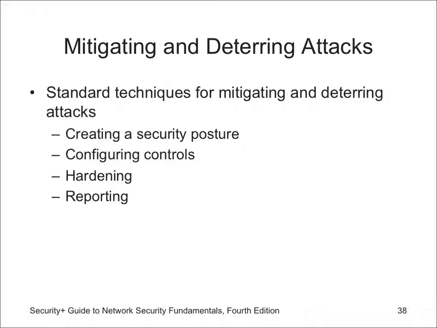Mitigating deterring attacks is create some type of technique for mitigating attacks, like some type of security baseline. Configuring controls on your network all the time, because things happen, people leave, come in, go.